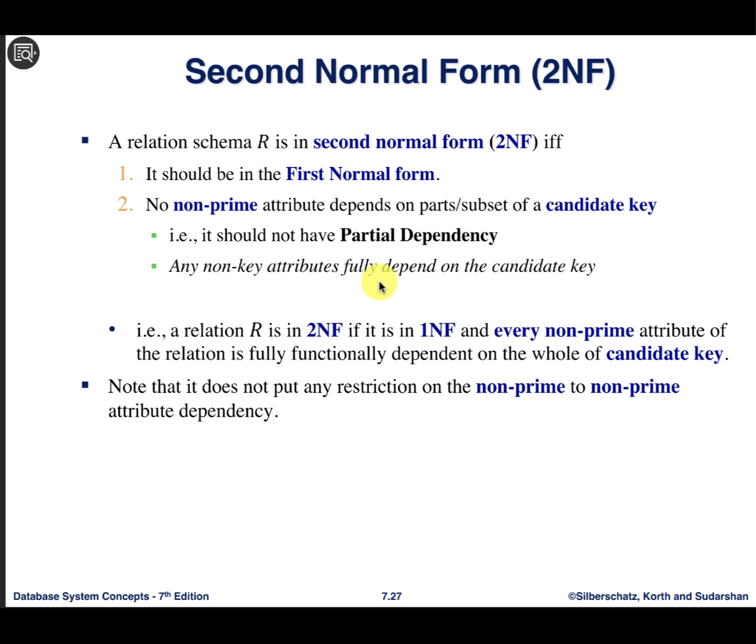If a subset of attributes in your table relies only on part of the key, that must be moved somewhere else, because here we're going to have some redundancy. So in this case, it must be in the first normal form, with no composite or multivalued attributes, and also no partial dependency.